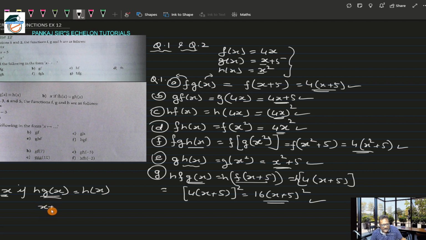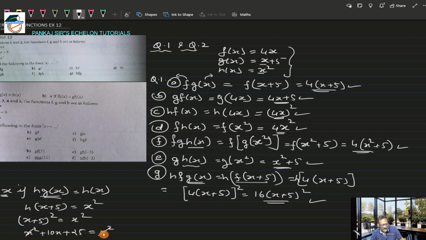So I'll write here x plus 5, and outside you have an h. h of x is x square. Now what will be h of x plus 5? h of x is x square, so in place of x, I'll write x plus 5, and I'll write the whole square. This will be equal to x square. Now I'll try to work this out. So this will give me x square plus 10x plus 25 equal to x square.